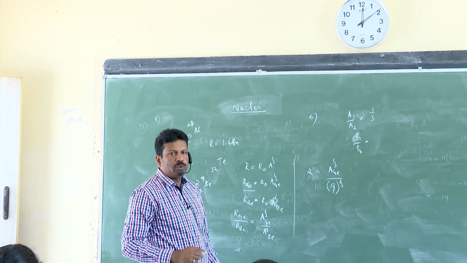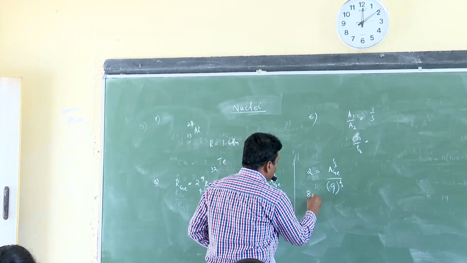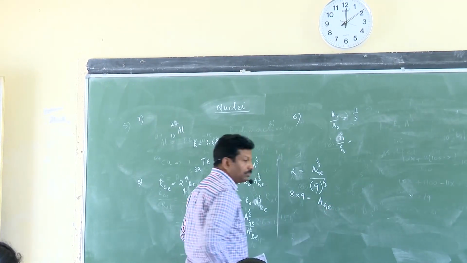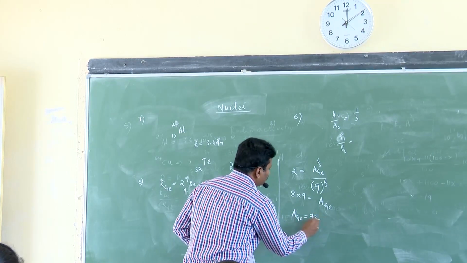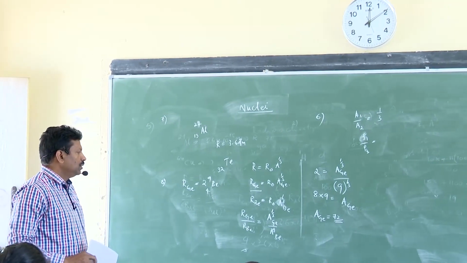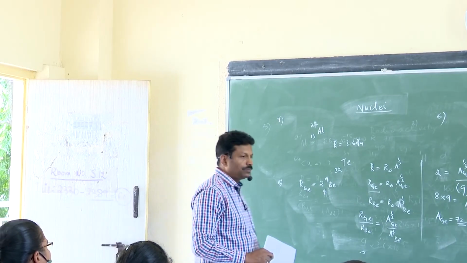Now take the cube on both sides. When you cube this, you get 8 into 9, so A germanium is 72. Therefore the mass number of germanium is 72.